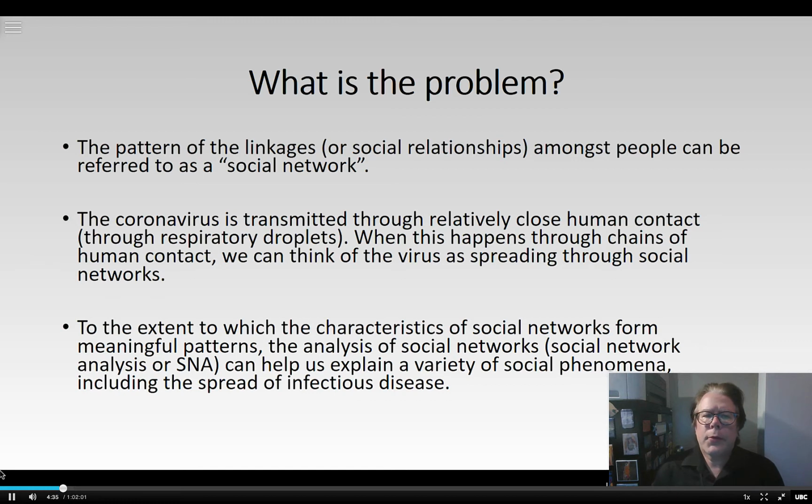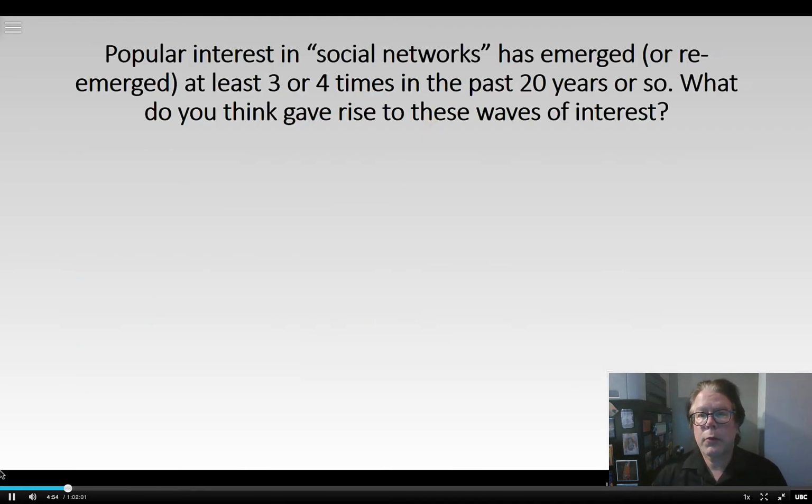When this happens through chains of human contact, we can think of the virus as spreading through social networks. To the extent to which the characteristics of social networks form meaningful patterns, social network analysis, or SNA, can help us to explain a variety of social phenomena, including the spread of infectious disease.